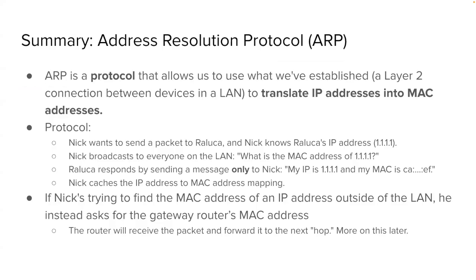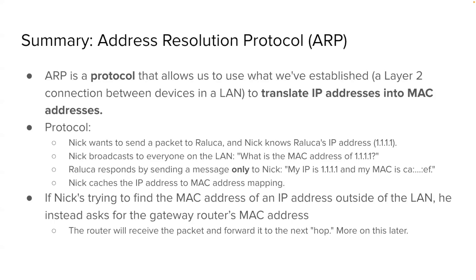So a quick summary: ARP is a protocol that allows us to use what we already have, a layer 2 connection between devices in the LAN, to translate the IP address into a MAC address. If Nick wants to send a packet to Rilke, who is in the same local area network, and Nick knows Rilke's IP address, he simply broadcasts a message asking what is the MAC address of 1.1.1.1.